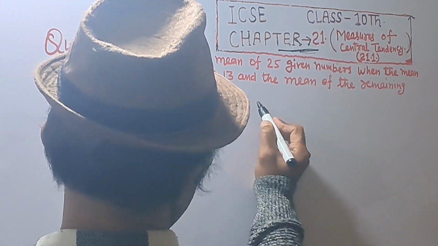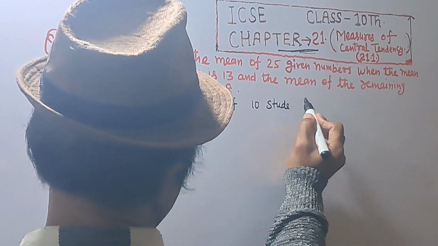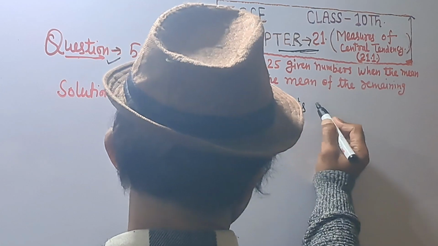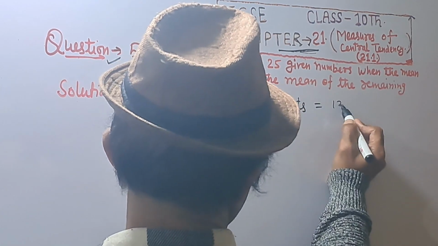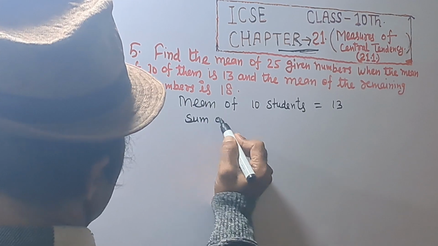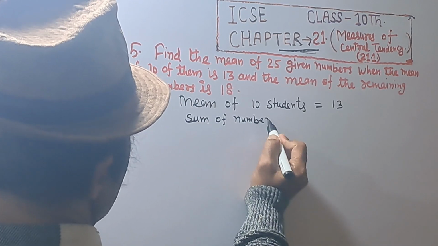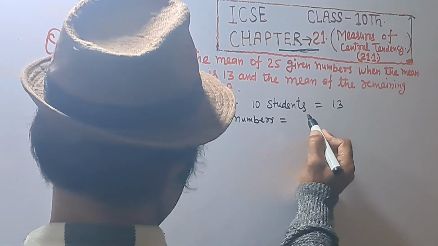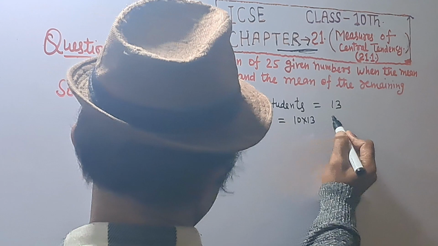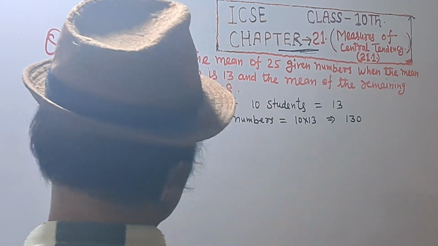Mean of 10 students is equal to 13. Sum of numbers is equal to 10 multiplied by 13, 130.